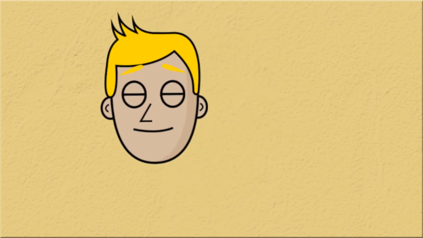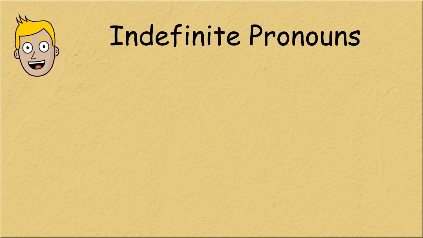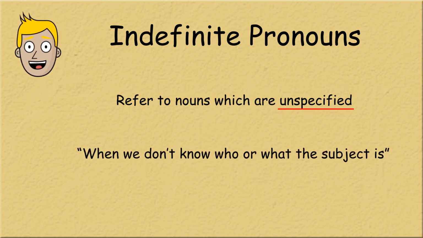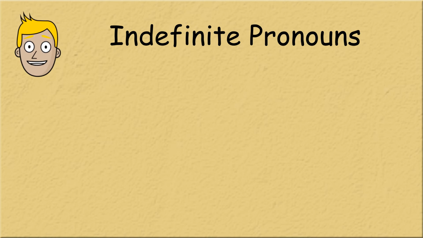Let's go! Indefinite pronouns are used when referring to things that are unspecified. In other words, we use indefinite pronouns when we don't know who or what the subject of the sentence is precisely. In this video, we are going to look at a few indefinite pronouns based on the category of nouns they refer to.